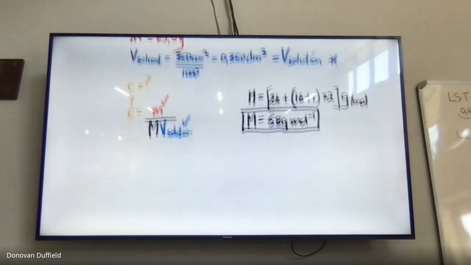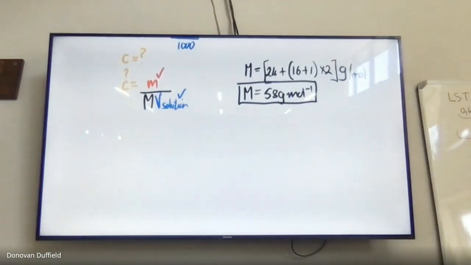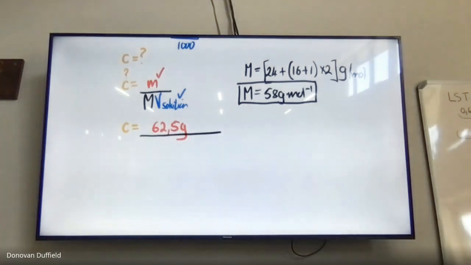So now we can pop it in. The concentration is the mass, which is 62.5 grams, divided by the molar mass, which is 58 grams per mole, times the volume of the solution, which is 0.350 cubic decimeters.